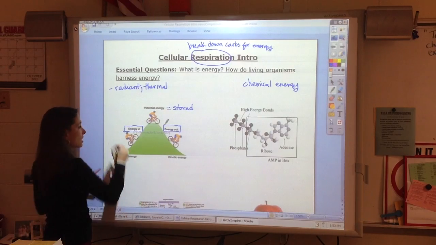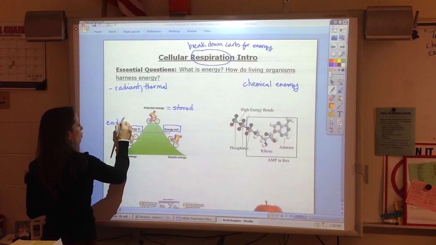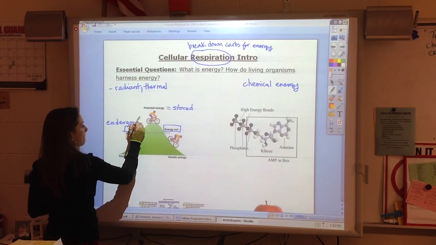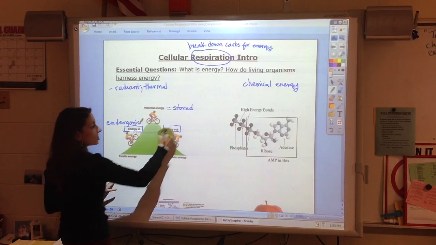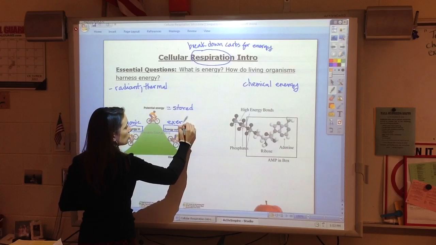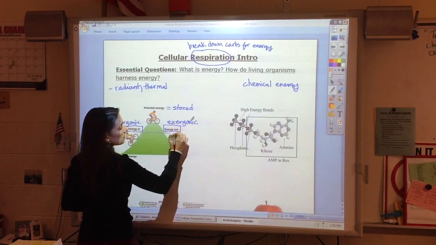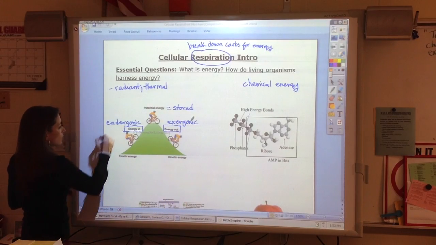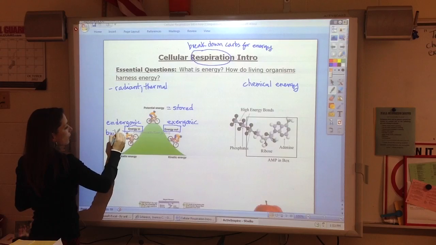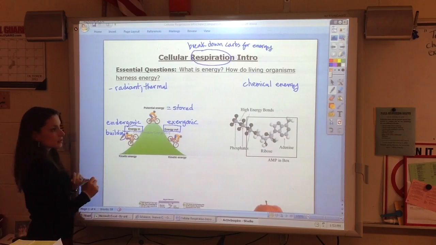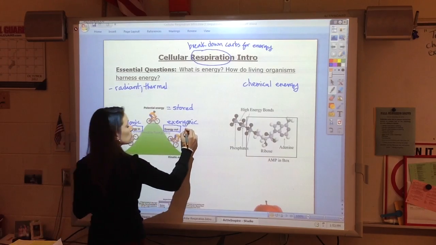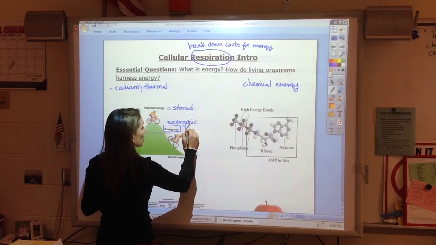Putting energy in is going to be endergonic. Releasing energy is going to be exergonic, exit. Endergonic reactions are usually going to be building reactions in science. Exergonic is mostly going to be breaking down.